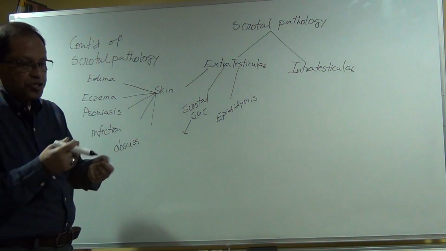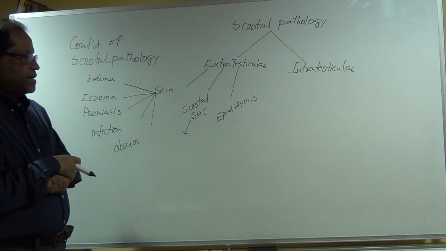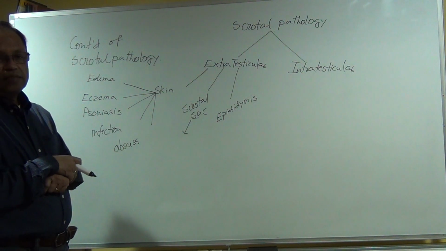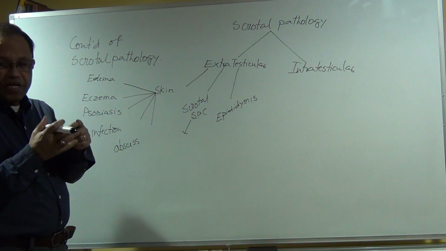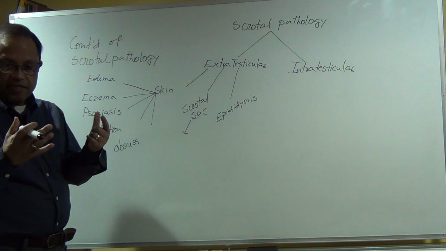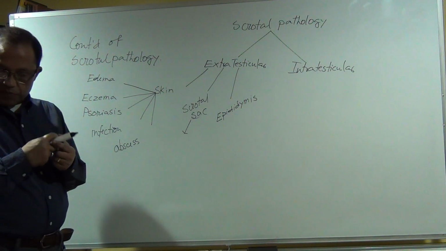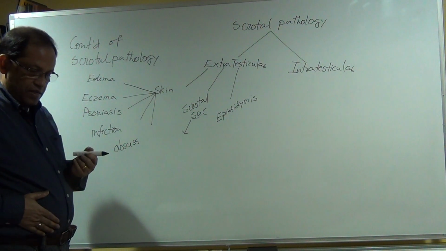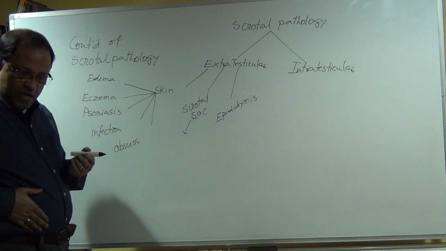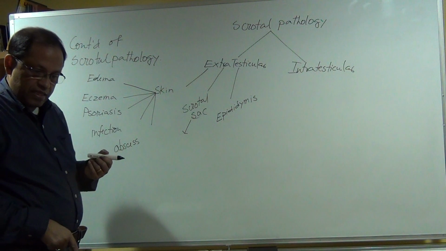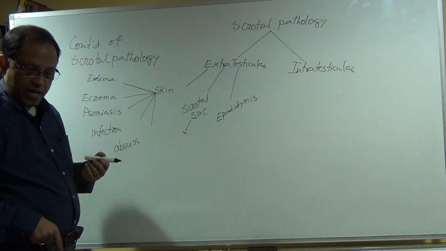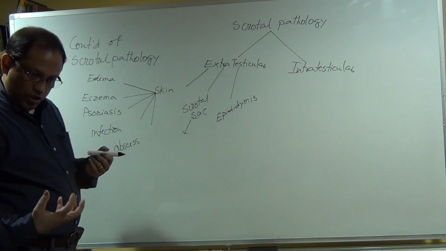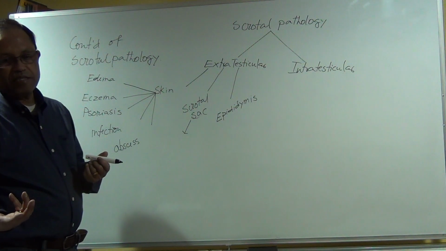So now, in the scrotal sac, what are the diseases? What are the situations you can see? Remember, the scrotal sac is a tunica vaginalis sac, because it is the abdominal peritoneum that is going inside the scrotum through the inguinal canal. When it goes into the scrotum, its name is tunica vaginalis.